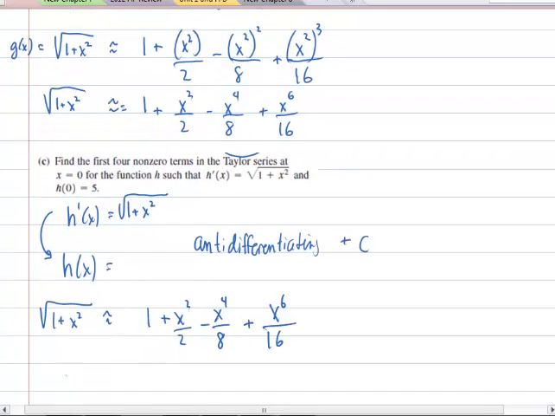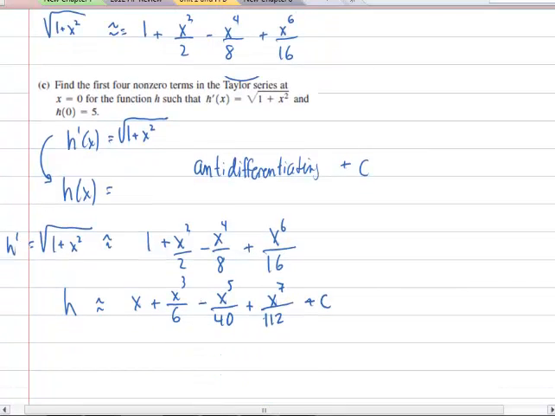So h of x, if this is h prime, h will be approximately equal to x plus x cubed over 6 plus, minus x to the 5th over 40 plus x to the 7th over 112 plus a constant.